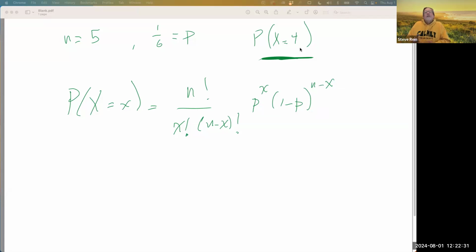So this just gives us the probability of exactly lowercase x successes. So we want to know what's the chance of 4.